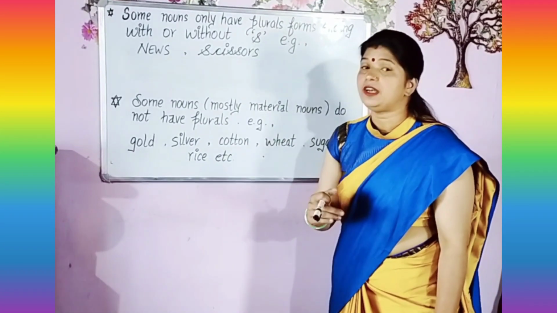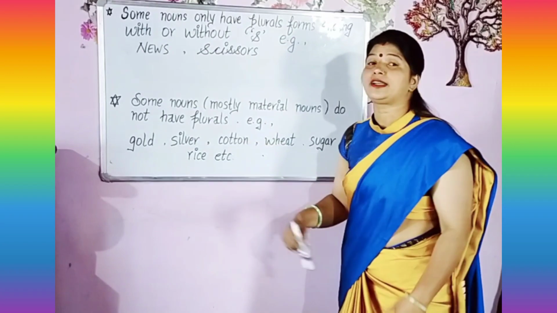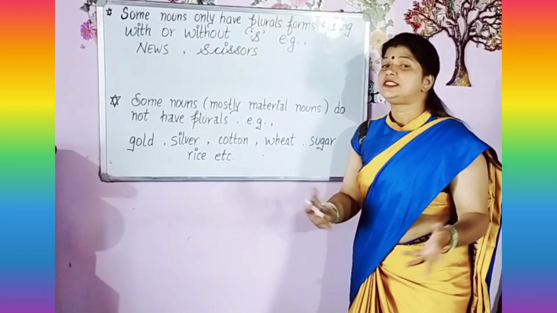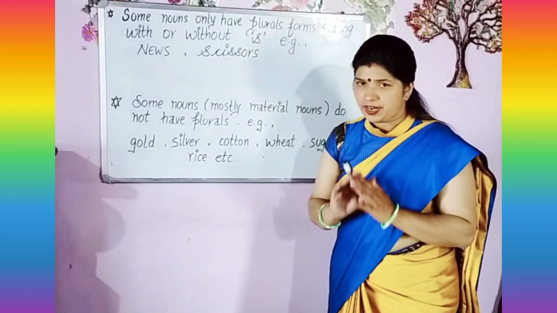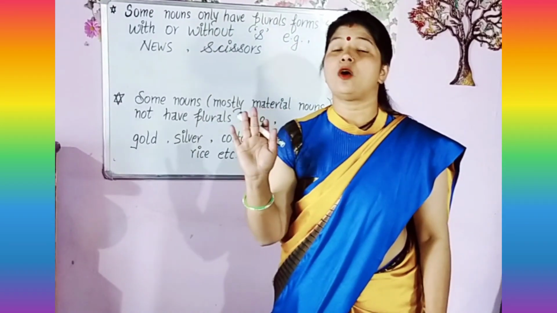Have you ever heard these words as cottons, golds, silvers? Have you ever heard these material nouns in the plural form? No. So always remember, my dear children, that a material noun always comes in the singular form only.